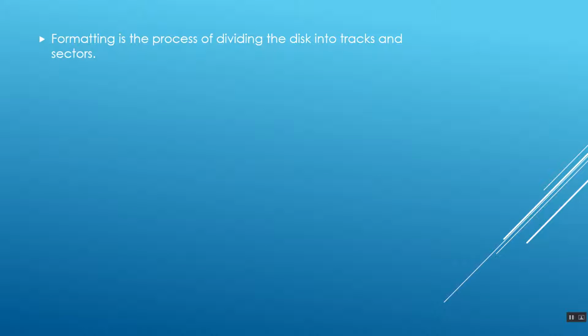So, first and foremost, formatting. We talked a little bit about this. For example, you can format your hard drive, and what that does is erase everything and put it back into basically a blank slate. Formatting is the process of dividing the disk into tracks and sectors. How data is laid out is one circle around basically is a track.